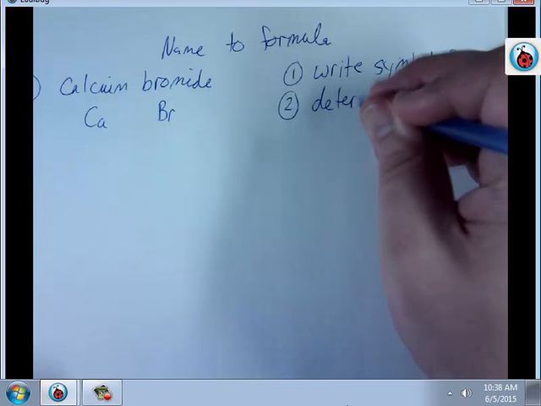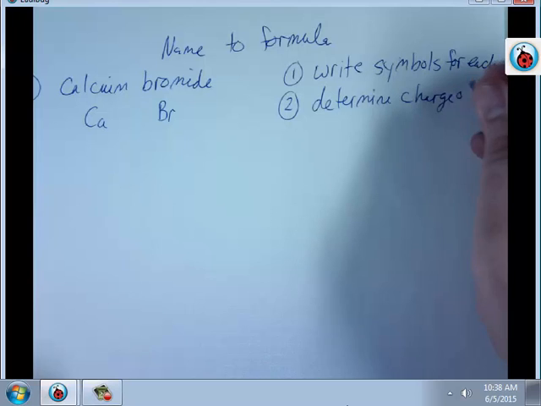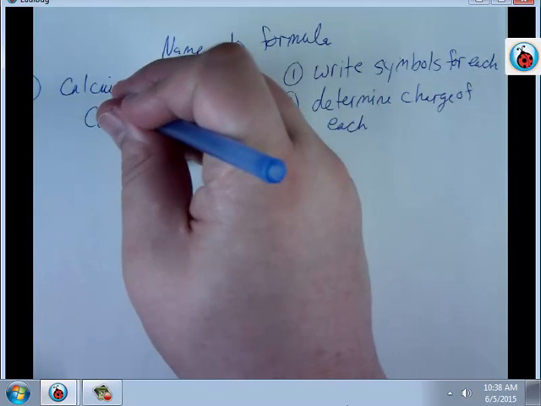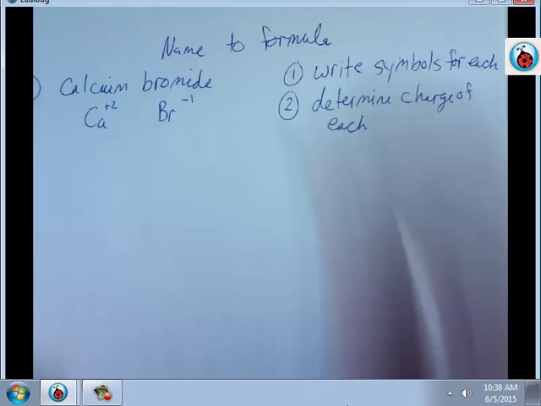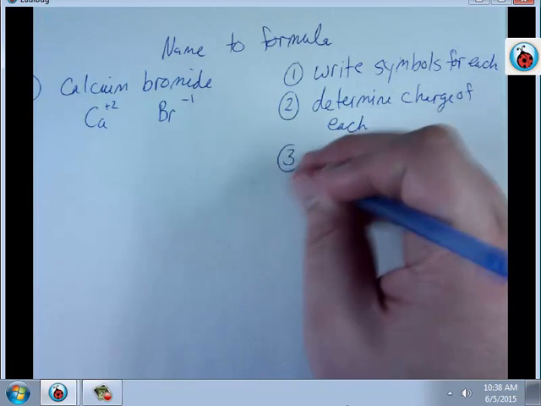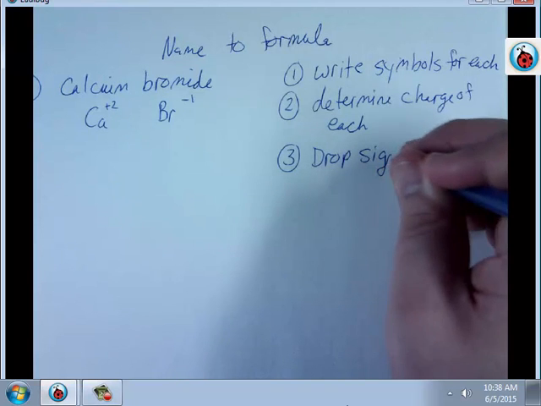Determine charge of each. Calcium we know is +2. Bromide we know is -1. You either look them up on the periodic table or look them up on your list of polyatomic ions. Okay, drop signs and crisscross.